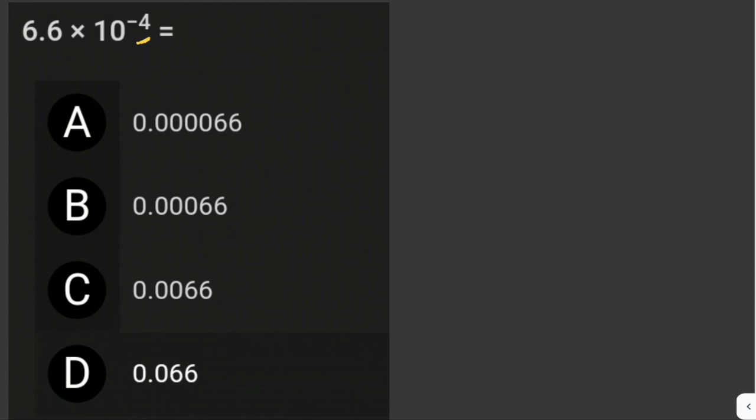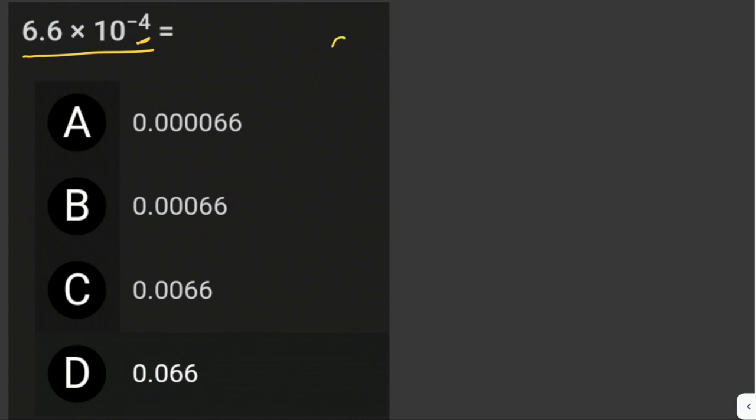If the exponent is negative, then the decimal will be moved to the left. If the exponent is positive, then the decimal is moved to the right. In this case, our exponent is negative 4. So that means the decimal point is to be moved to the left 4 places.